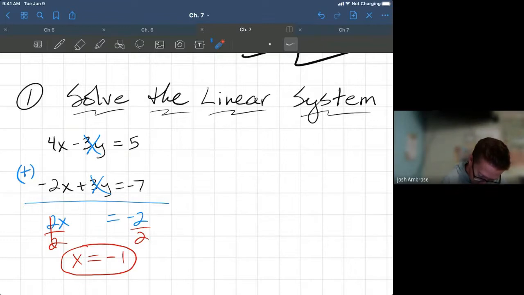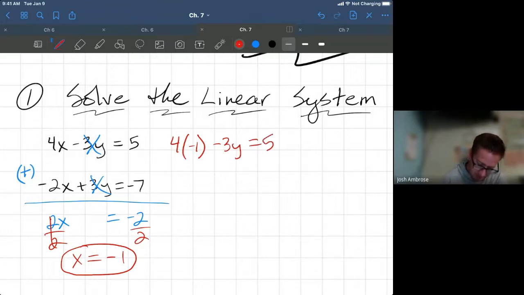So I'm going to take this x value and I'm going to plug it in right there for x. So let's go ahead and write that out. 4 parentheses -1 minus 3y equals 5. -4 minus 3y equals 5.